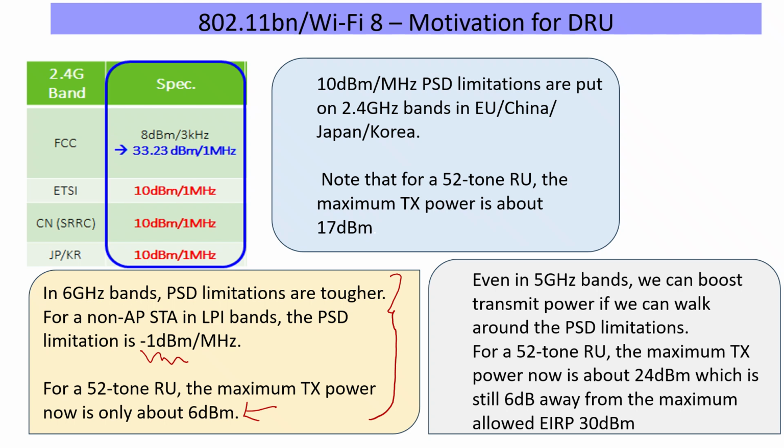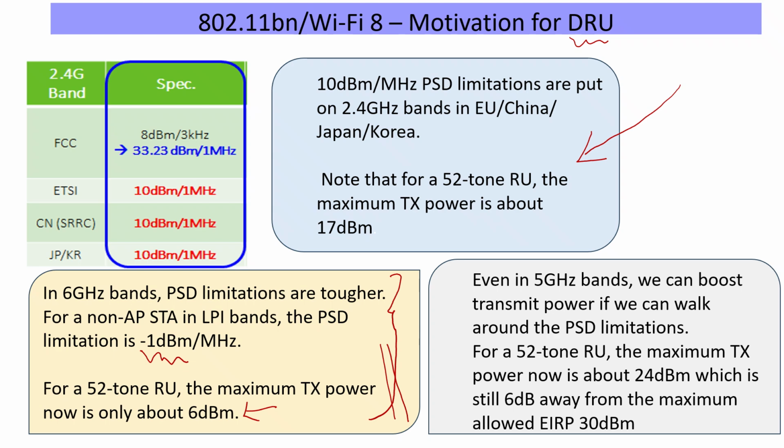There are cases in 2.4 gigahertz as well, but these are nowhere near as severe as in 6 gigahertz. So I think this distributed RU feature is probably more likely to be used in the 6 gigahertz LPI PSD regulation based areas or countries.